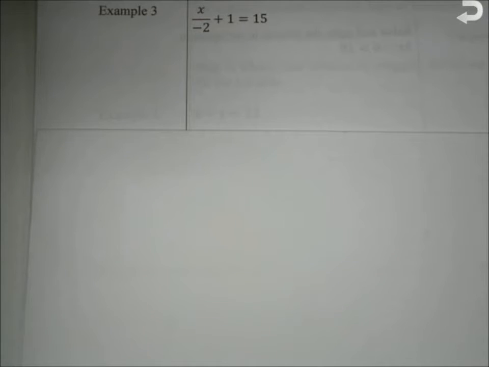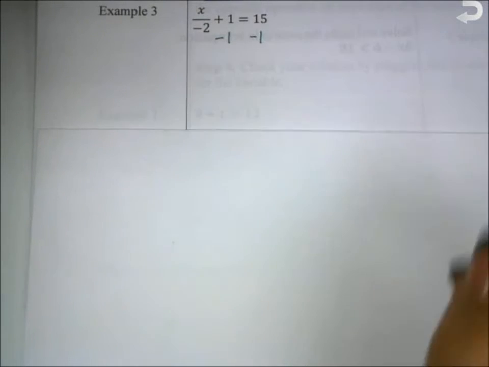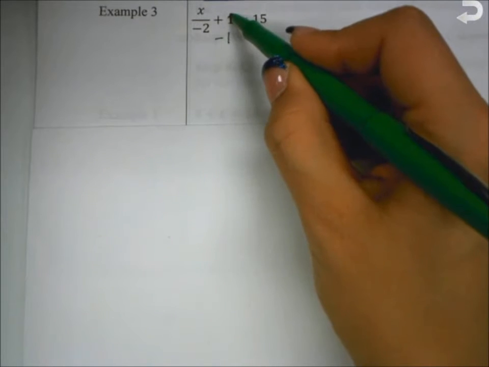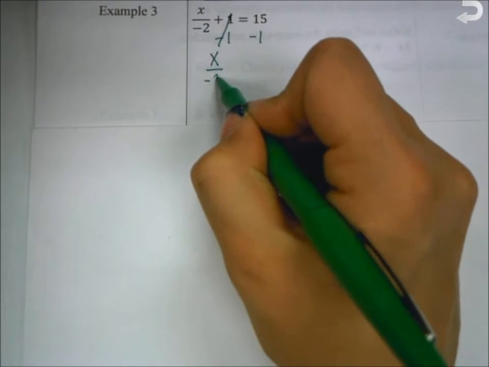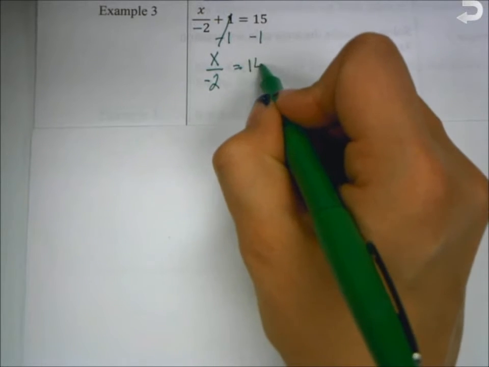Jerry, what do I do first? Exactly, I subtract 1 from both sides, because 1 minus 1 is 0. So on the left-hand side, I have x divided by -2 equals 15 minus 1? 14. Okay.